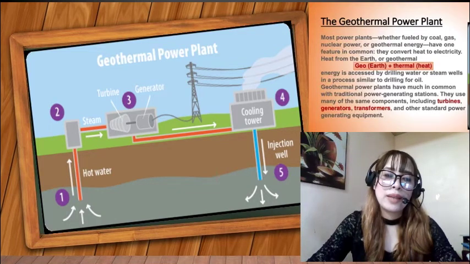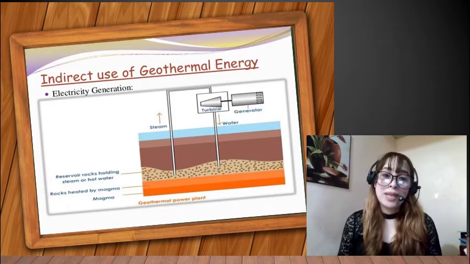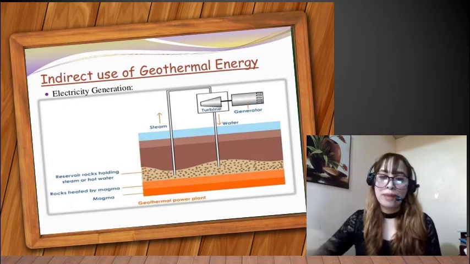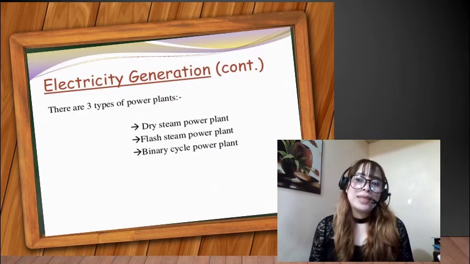The steam that is produced will rotate a turbine, and once the turbine rotates, it will activate the generator. Once this generator works, it releases electrical energy, which we consume and use in our different homes. Its indirect use is for electricity generation, just like what we have explained a while ago. It's an indirect use of geothermal energy.